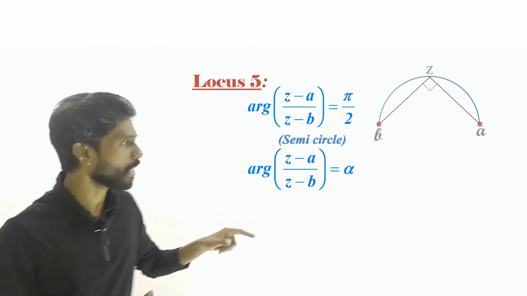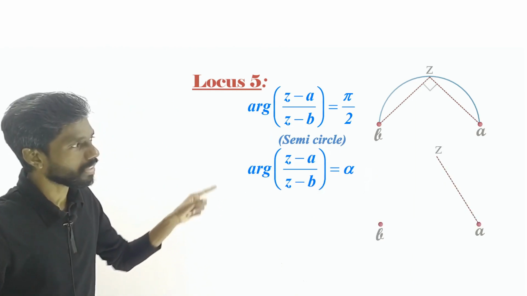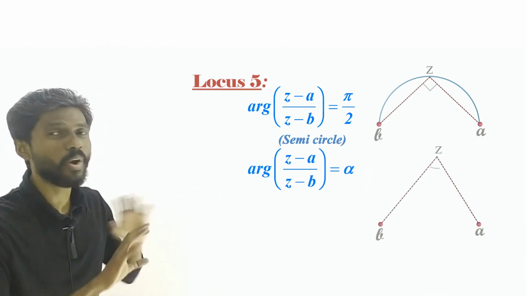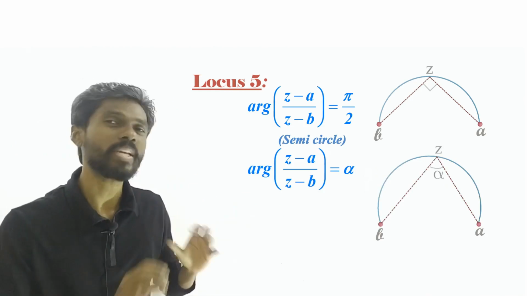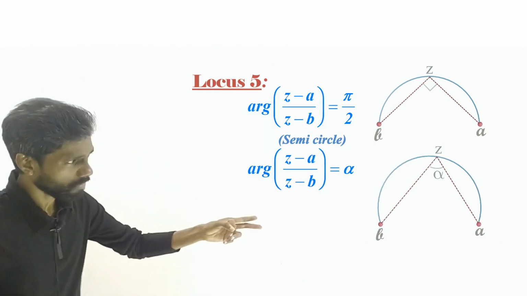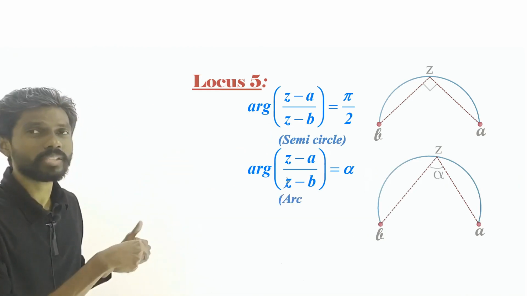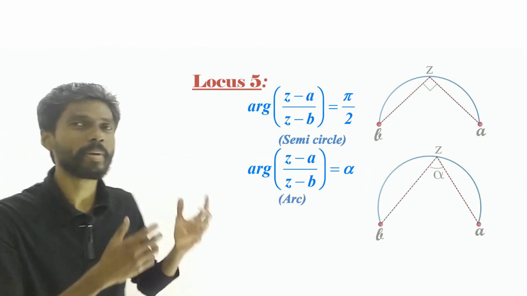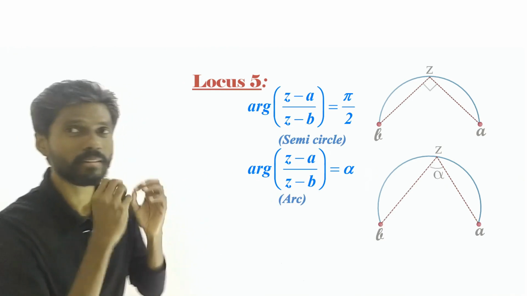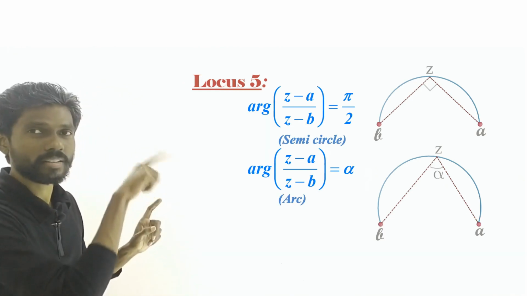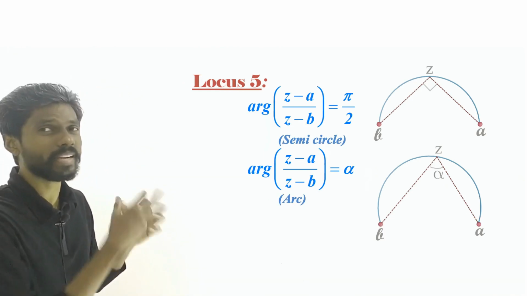Almost the same thing. What is that? Instead of 90 degrees, these 2 points A and B are not the end points of a diameter this time, some chord, right? That's all. That means this is not exactly a semicircle, it is some arc of the circle, major arc or minor arc depending upon the angle, right? If the angle is acute, then it is the major arc, right? The angle subtended on the major arc, that is acute.